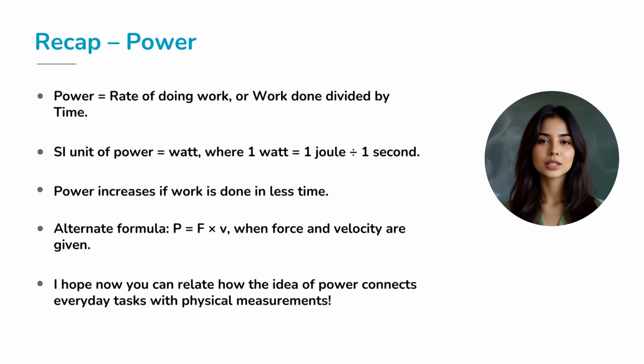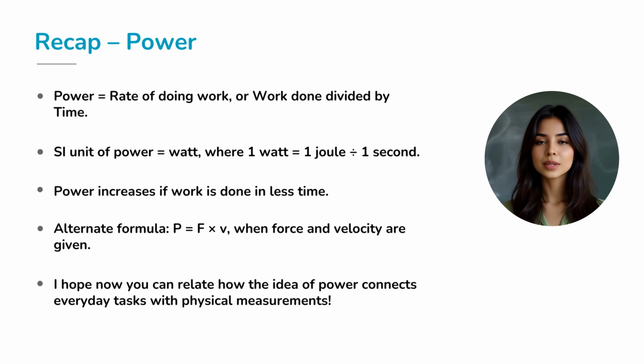Let's quickly revise what we've learned today. Power is the rate of doing work. Formula 1. P equals W divided by T, where P is power, W is work in joules, and T is time in seconds. SI unit of power is watt, where 1 watt equals 1 joule divided by 1 second. Power increases when the same work is done in less time.